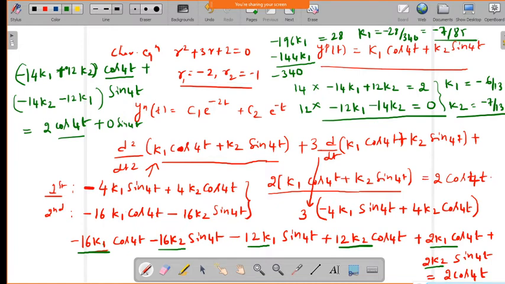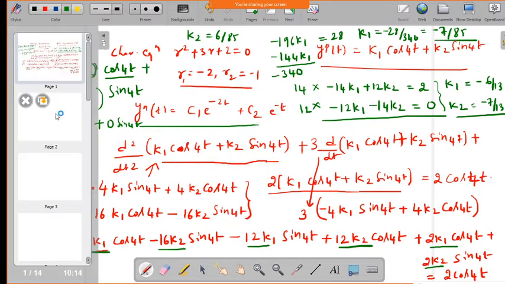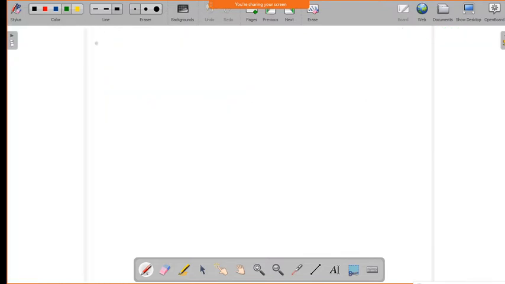Okay. So k2 is 6 by 85. Now substitute these values in this equation, whatever your differential equation, that is both the natural response as well as the particular solution. So you will get the complete solution, which is yn of t plus yp of t, equal to c1 into e power minus 2t plus c2 into e power minus t.